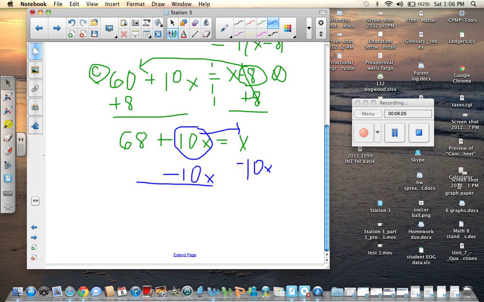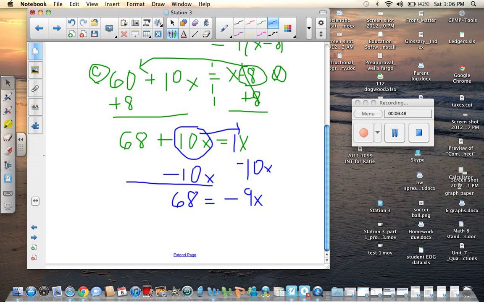So we're going to be left on the left side with just 68. And then on the right side, when you take x and you subtract 10x, we get a -9x. And the coefficient here, even though you don't see it, is a 1, and 1 minus 10 is a -9.